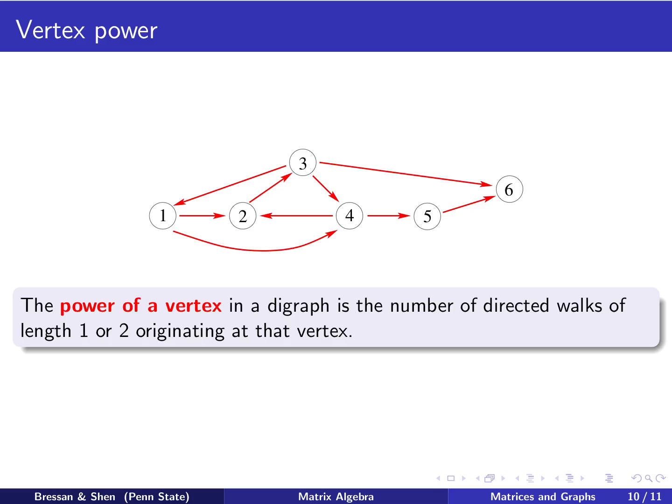Another concept for comparing this digraph is called the power of a vertex. That is defined as follows. This would be the number of directed walks of length 1 or 2 originating at that vertex. So we are including length 2 also in this power.